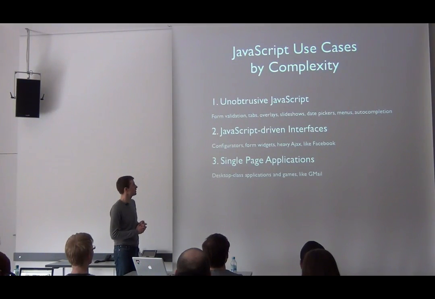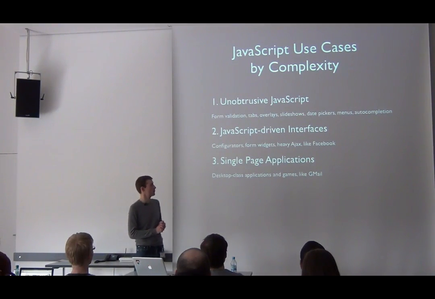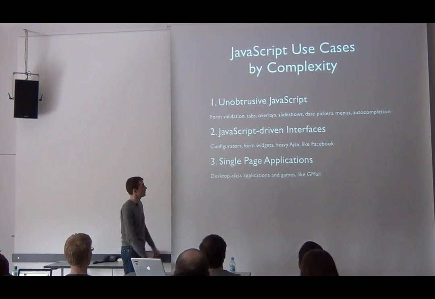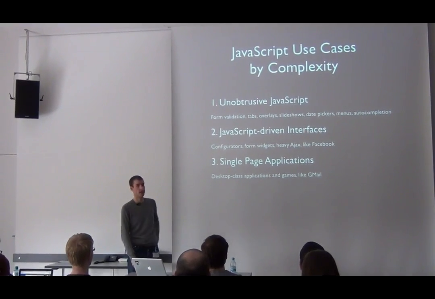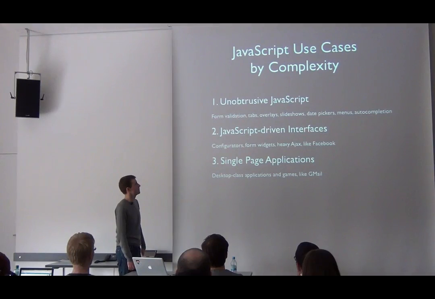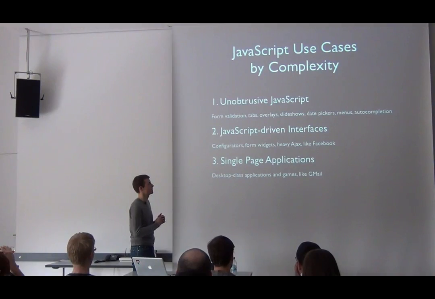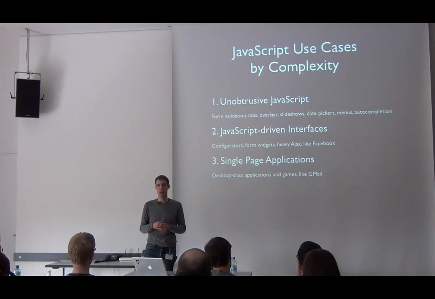The second category are JavaScript-driven interfaces, which rely heavily on JavaScript, like Facebook, for example. They do much Ajax, the interface is severely driven by JavaScript, but these types may be backwards compatible. So these interfaces can work without JavaScript.